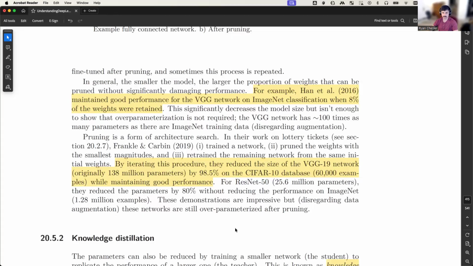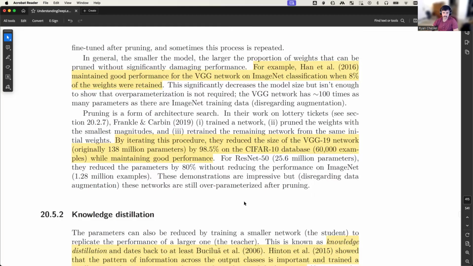So it's kind of insane that we have this huge network, and then when we look at what is actually functionally driving most of the performance, it is a very, very small submodel inside of it that is the useful central part.